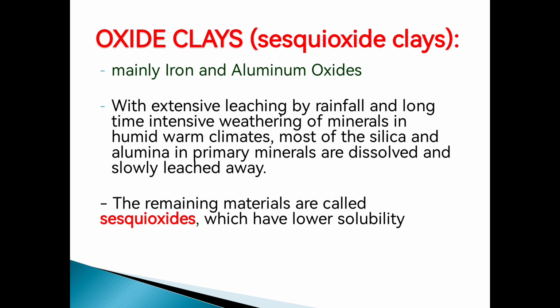These are caused by extensive leaching and rainfall and long-time intensive weathering of minerals in the humid, warm climate, where you can find a lot of rain and high temperature, wherein most of the silica and alumina in primary minerals are dissolved and slowly leach away. And what remains in the soils are called sesquioxides, mainly iron and aluminum oxides, which have lower solubility.